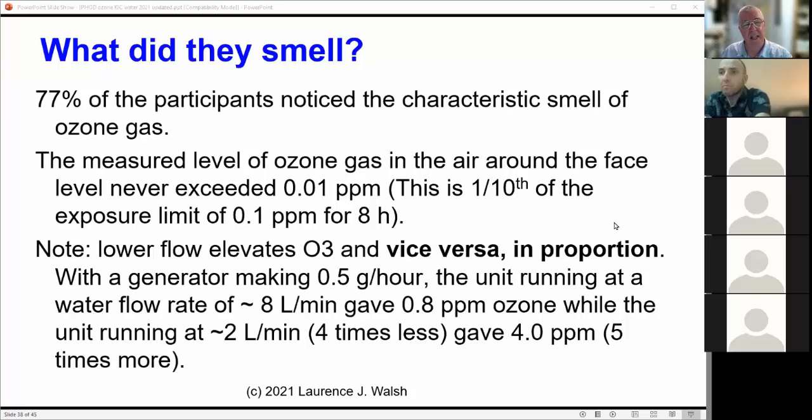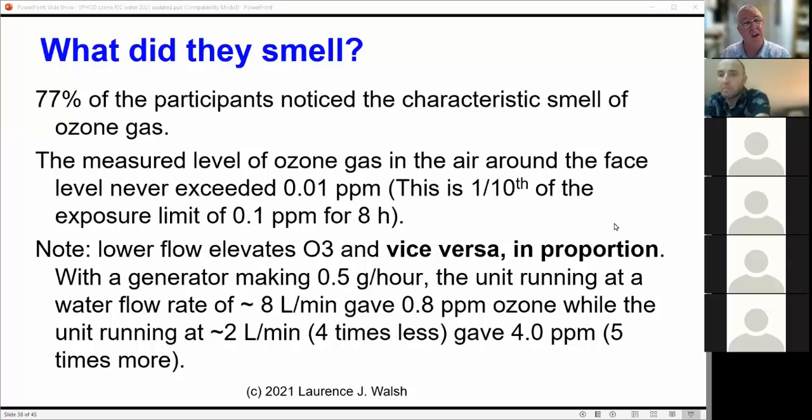Now, the other point is that when they looked at the two different taps that they were using, one was a low flow tap. In other words, the water flow was less and the ozone concentration was stronger. When they looked at the high flow tap, the ozone concentration was lower, and that was the 0.8. So the reason I'm telling you this is that when you get an ozone tap installed and you then put an AWP meter in and you measure the amount of ozone in the water, it can be tweaked up or down by changing the water flow.